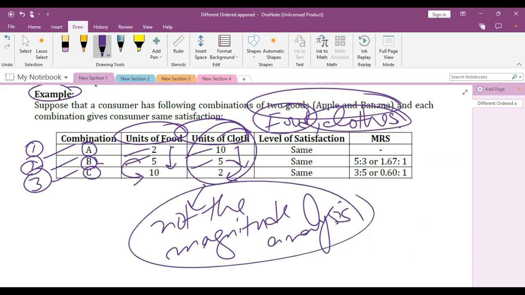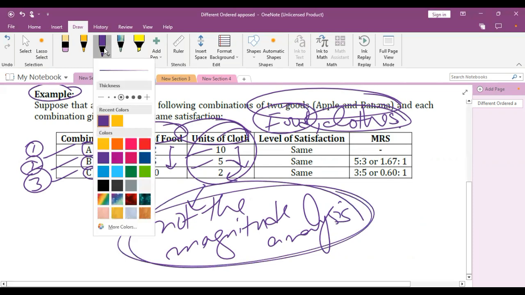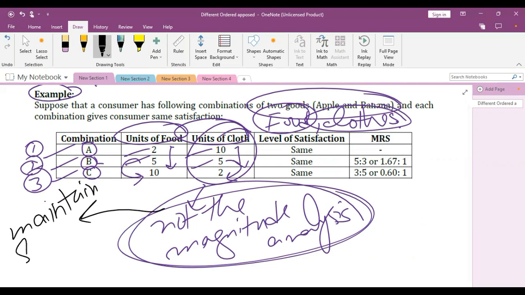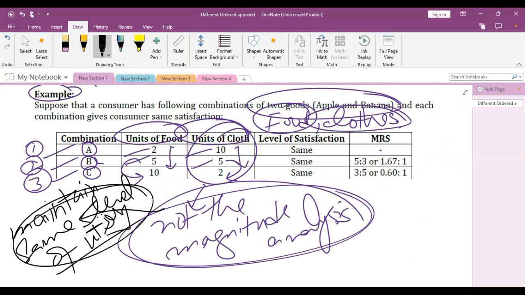Units of cloth are being decreased because the consumer wants to maintain the same level of satisfaction or utility. So units are being decreased in order to keep the satisfaction level or utility level at a specific point.